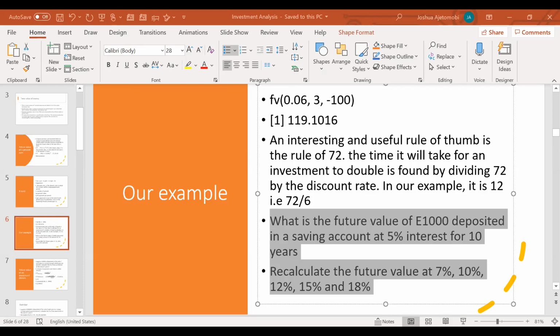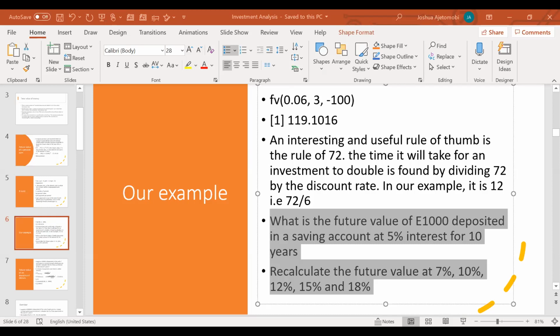For 12%, what did you get? 3105.85. Same. Good. Then for 15%, 4045.56. Did you get the same thing? Yes, I got the same.